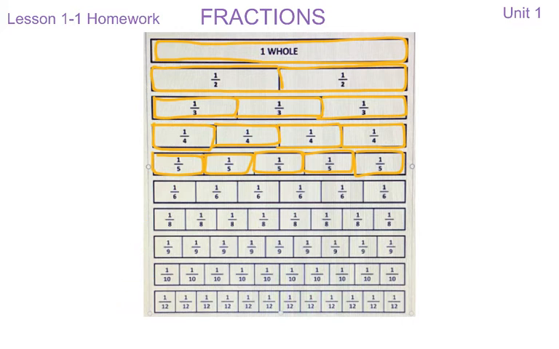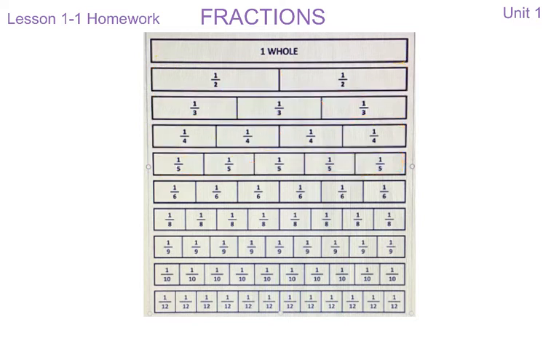And really the idea is to help you visualize, to help you see what a whole looks like. Right here at the top, we have our whole and how it compares, okay? If you were to write 1 whole as a fraction, it's 1/1, okay? Here, if you broke it up into 2 pieces, you have 1/2 and 1/2, okay?